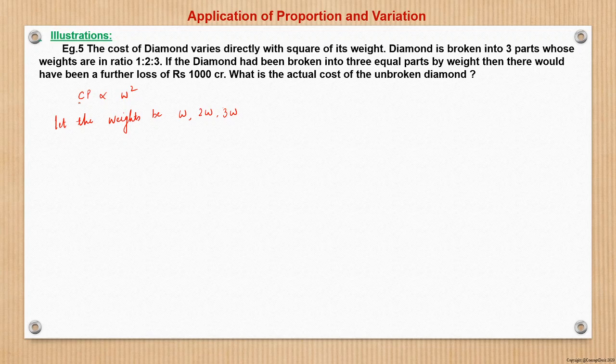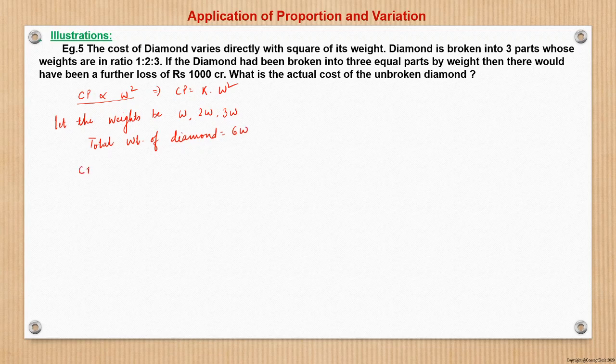This is a generic equation. So what is the CP? So generic equation would be CP is equal to k into w square, right? So the total weight of the diamond would be 6w.